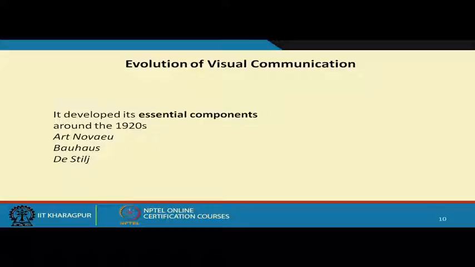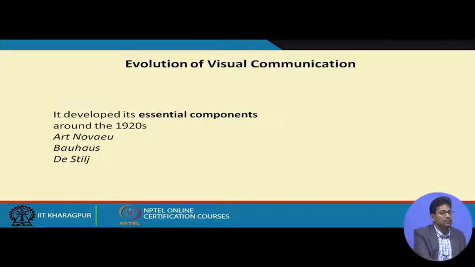So if we move on to the next stage of development, this essentially took place after World War I, where we see a lot of changes happening in terms of art and craft, architecture, in the domain of fine arts, and this kind of areas.